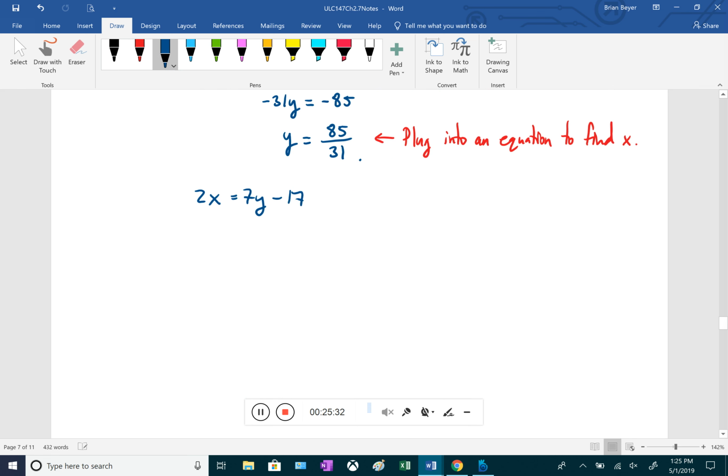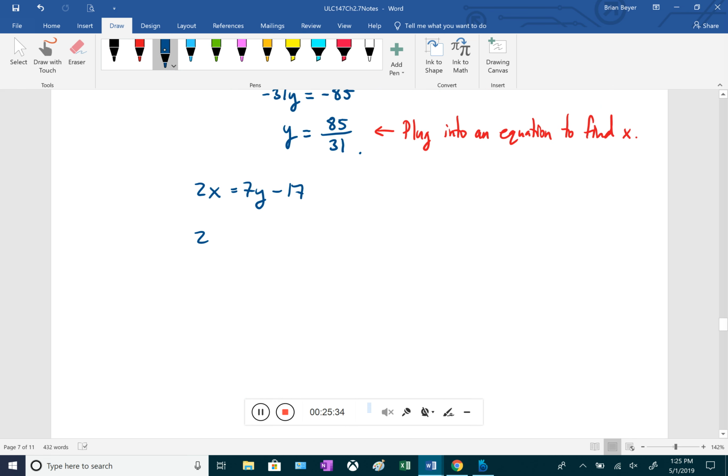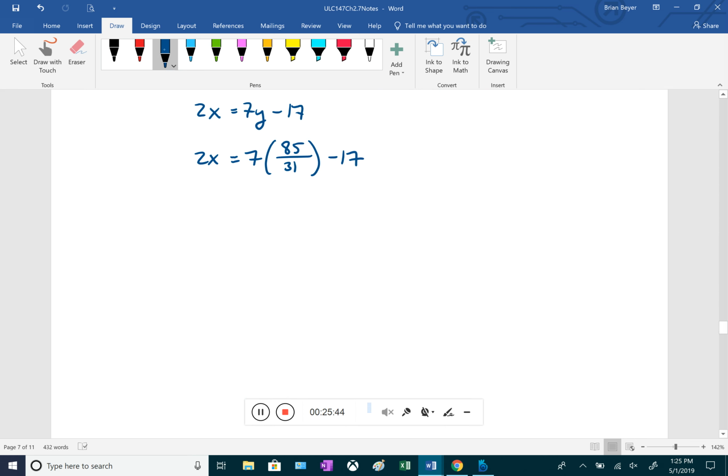And plugging in y here, we get 2x equals 7 times 85 over 31 minus 17. So this one kind of stinks because we have this large fraction in here. So multiplying 7 times 85 over 31. So 7 times 85 is going to be 595 over 31 minus 17.